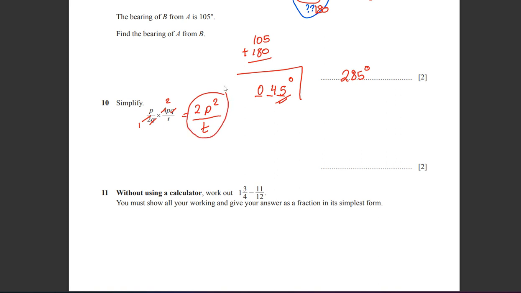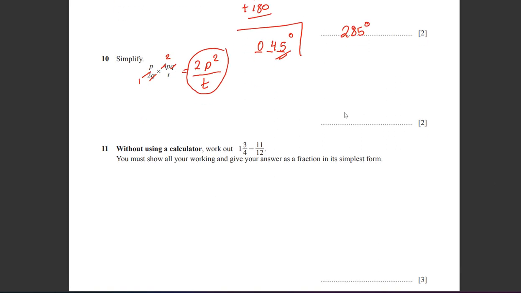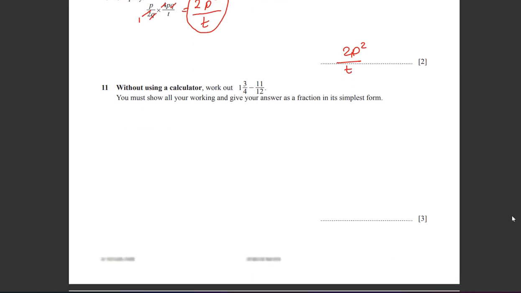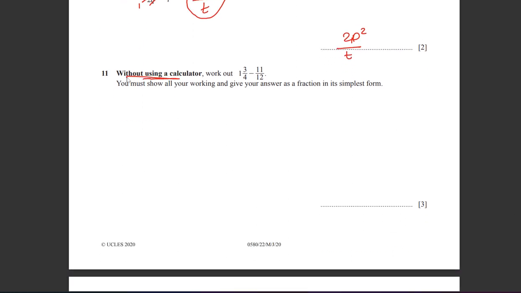So we should write it here like this. Without using the calculator, this is very important, every step you do will be taken in the credit. Next, 3 over 4 minus 11 over 12. First of all, without thinking whether it is plus, minus, multiply or divide, I have to convert all the mixed numbers to improper fractions.